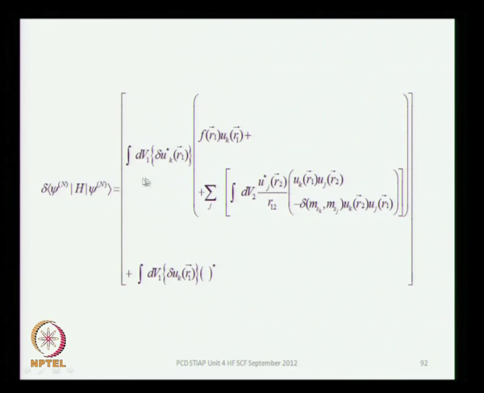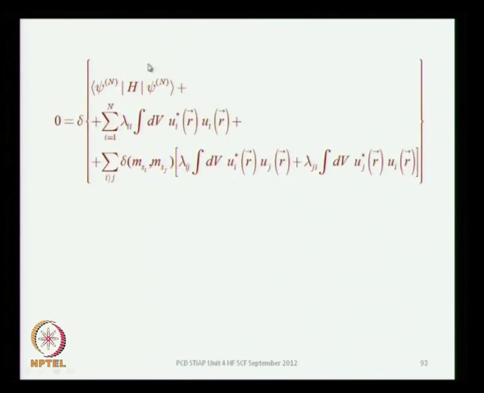The one factor which is common extracted is delta uk star r1, and the factor extracted over here is delta uk r1, and this multiplies the complex conjugate. So, these two terms in the top row and in the bottom row, which are added to each other, are completely equivalent, they are just complex conjugates of each other.